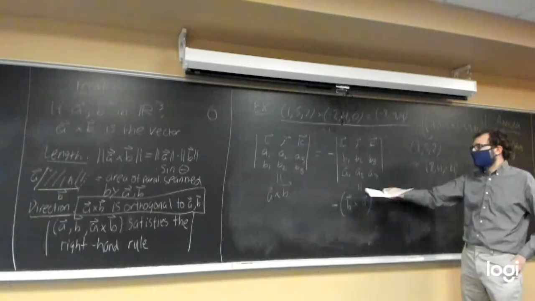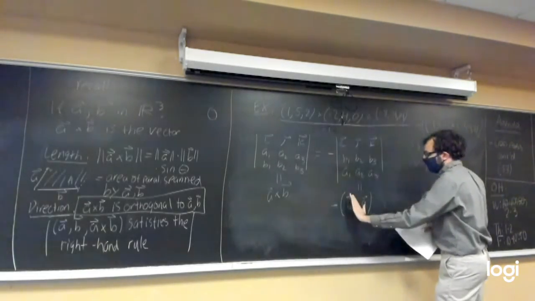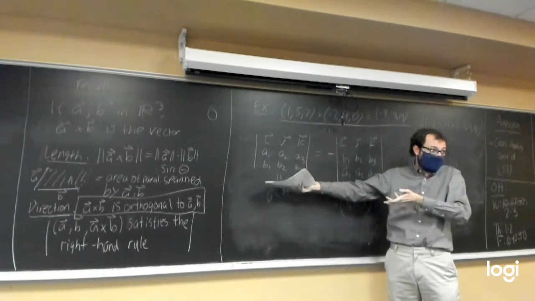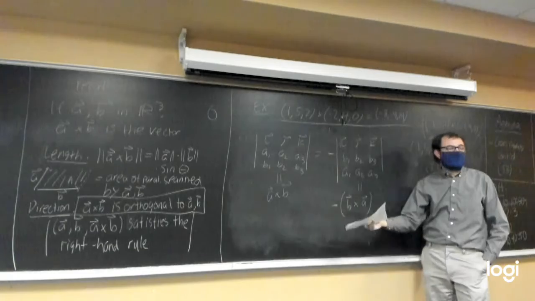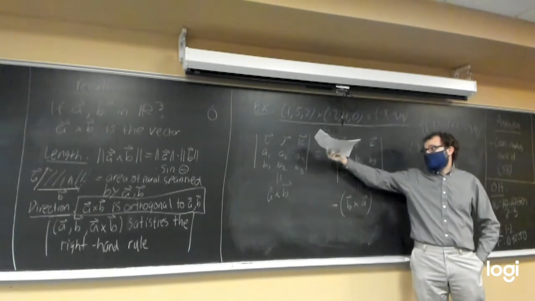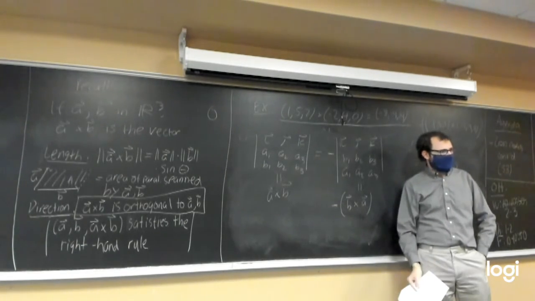So this expression, if you remove the minus signs, you just get a matrix for B cross A. But if you want to compare that to A cross B and the determinant matrix for that, you have to have a negative sign that shows up here. Because without the negative sign, saying the determinant of that is equal to the determinant of that would be incorrect.